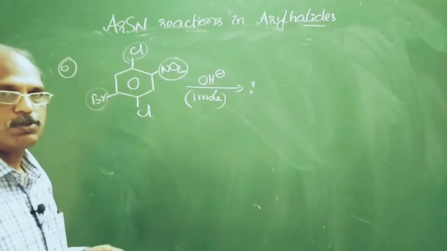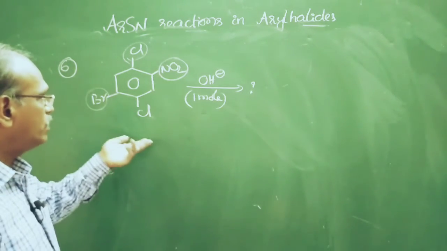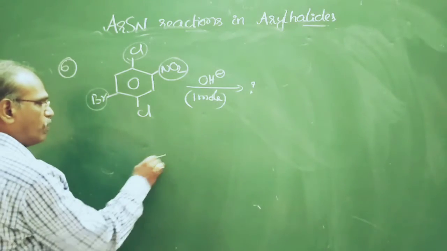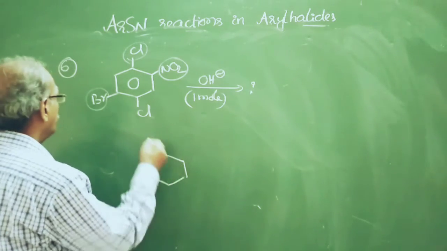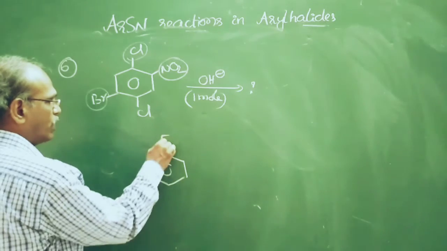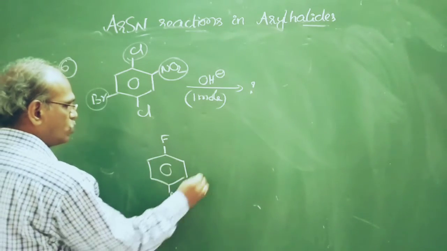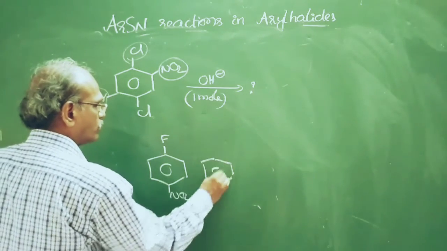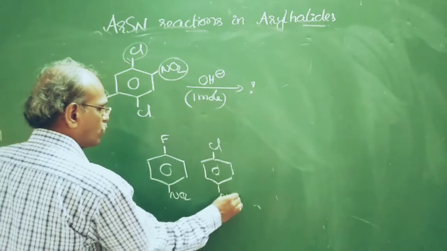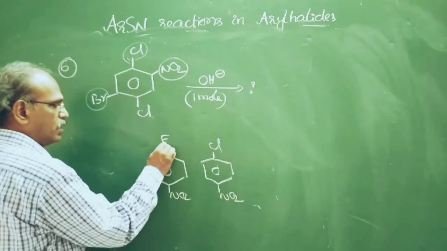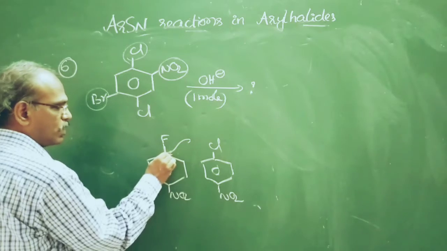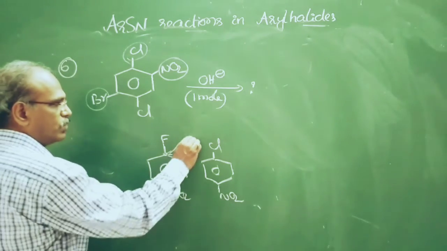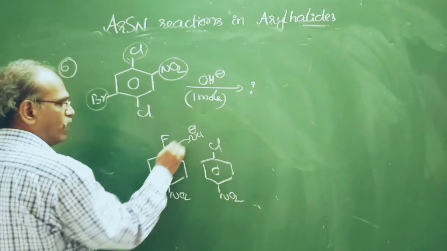What is to be substituted? Based on the rate determining step, what I told you, I think in the fourth question, if you look at F, this problem, which is more reactive towards nucleophile? This one, because here this carbon gets more positive charge, and the nucleophile attacks here.